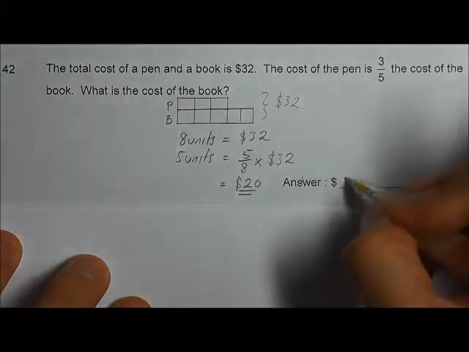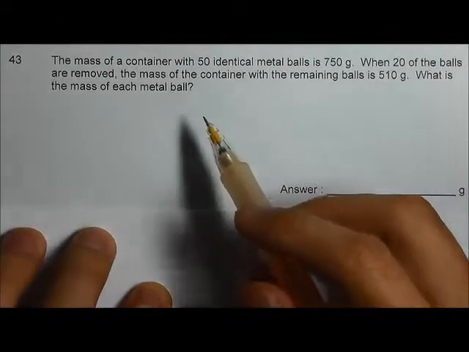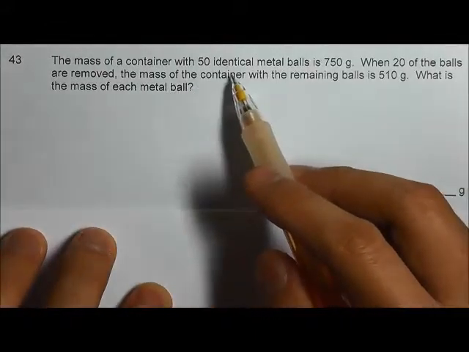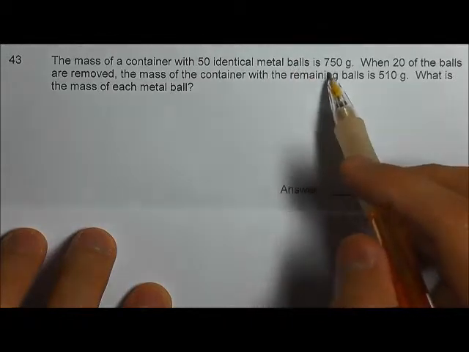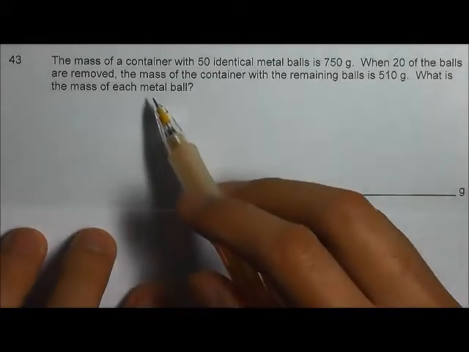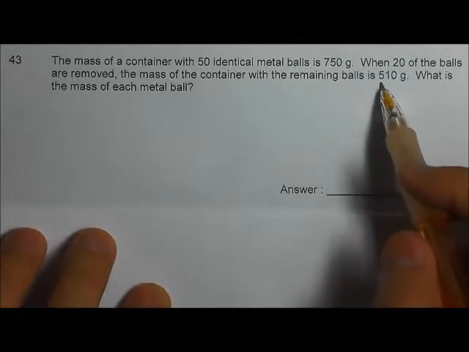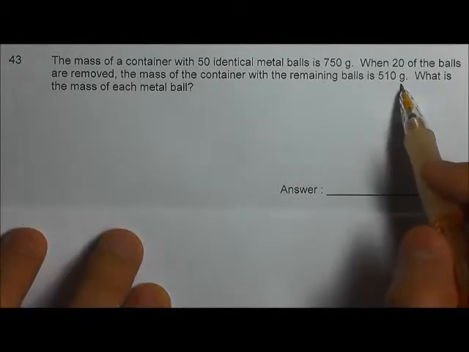That will give us $20. Okay, the mass of a container with 50 identical metal balls is 750 grams. So when 20 of the balls are removed, the mass of the container with the remaining balls became 510 grams.